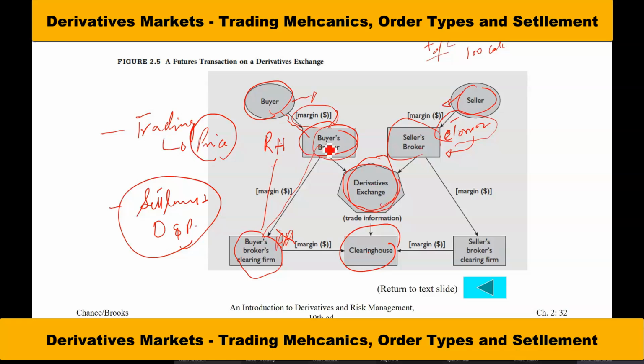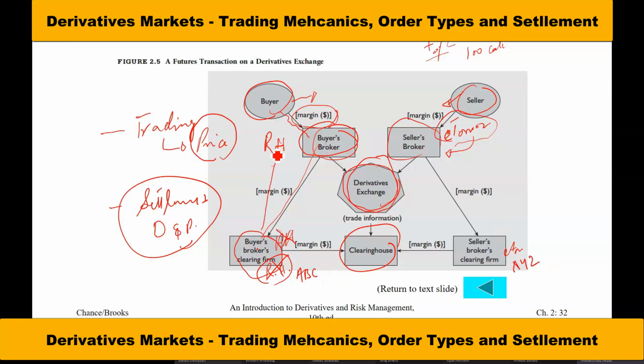But let's assume for the time being that Robinhood and eToro are also members of the clearing house. Let's make it ABC company and XYZ company.